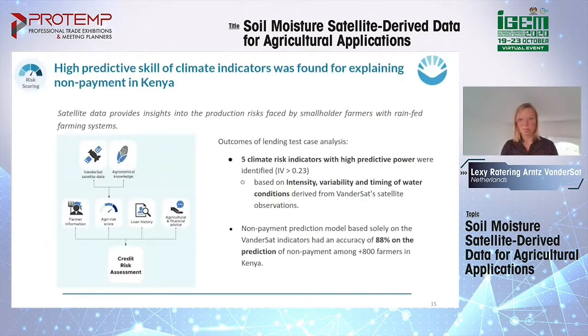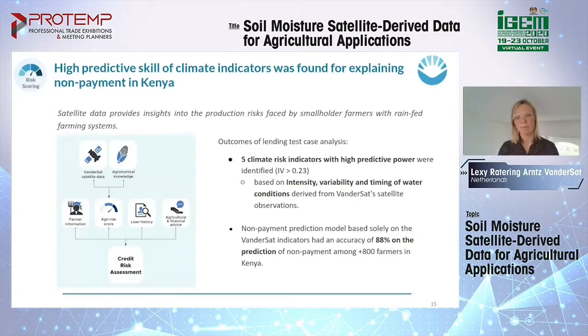Another service that we deliver for banks is that we can actually reduce the risks when they are lending to farmers. So if farmers want credit, the risk associated with their production, so with their cash flows, is usually not very well known.